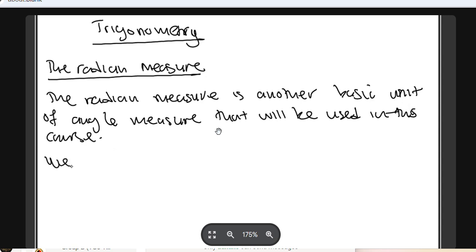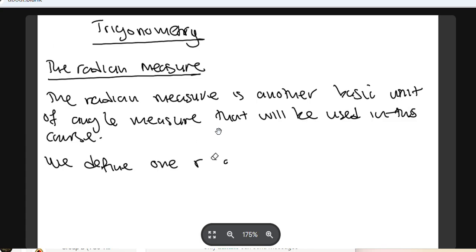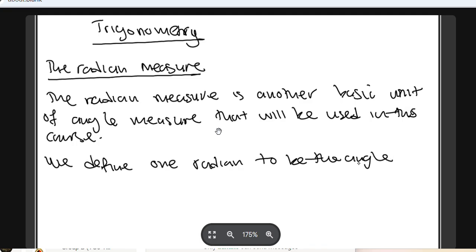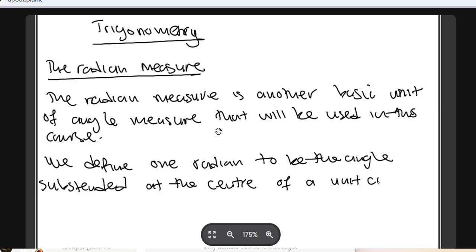We define one radian to be the angle subtended at the center of a unit circle by a unit arc.